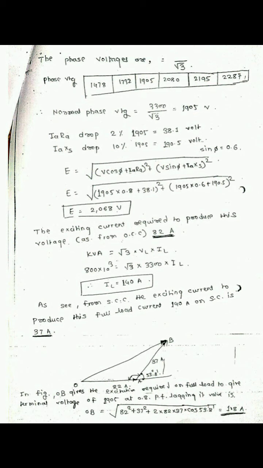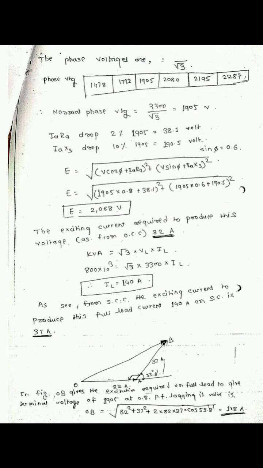From that we get the value of IL, which is 140 ampere. From the short circuit characteristics, for 140 ampere the value of IF2 is 37 ampere, because IF2 corresponds to the short circuit current of 140 ampere.